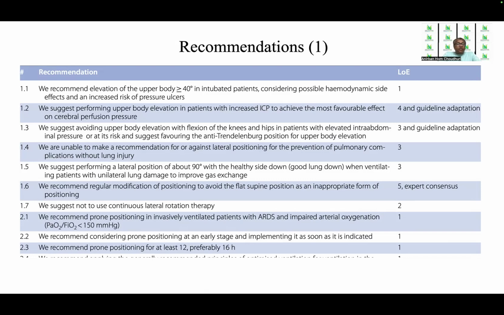Next, the recommendation is that we recommend regular modification of positioning to avoid flat supine position as an inappropriate form of positioning. And we suggest not to use continuous lateral rotation therapy and recommend prone positioning in invasively ventilated patients with ARDS and impaired arterial oxygenation.